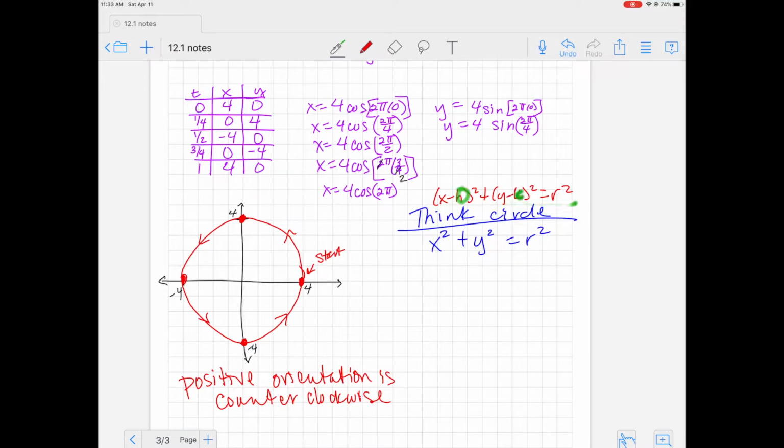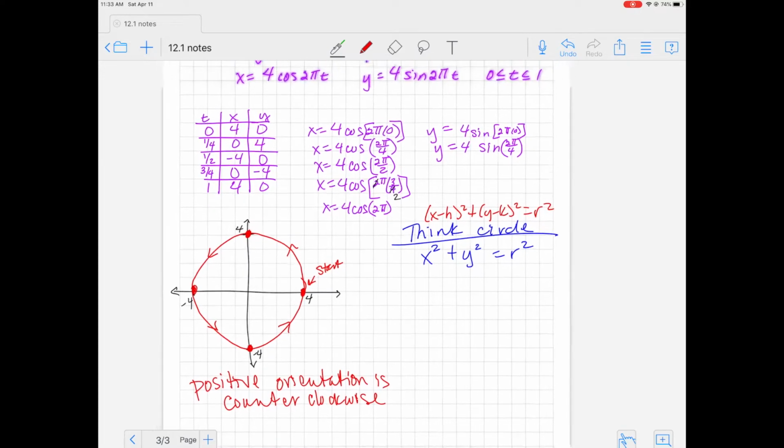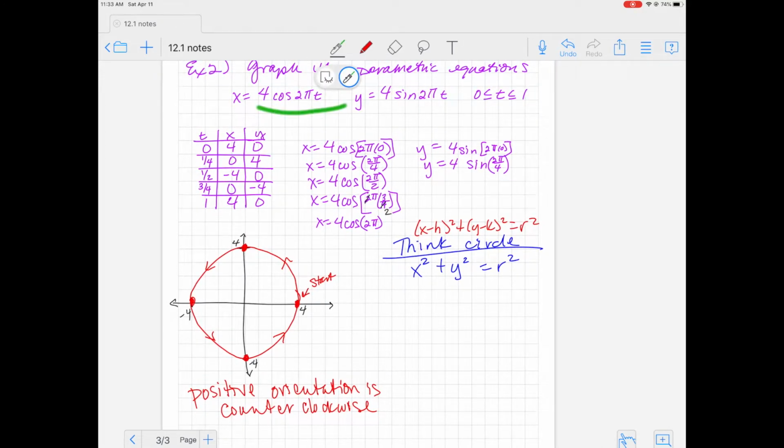Well, if my h and my k are both 0, then there's nothing here next to the y and the x to add or subtract. So this is a circle centered at the origin. And then I have my radius. All right. So let's go with what we have right here. My x is equivalent to 4 cosine 2 pi t, right?